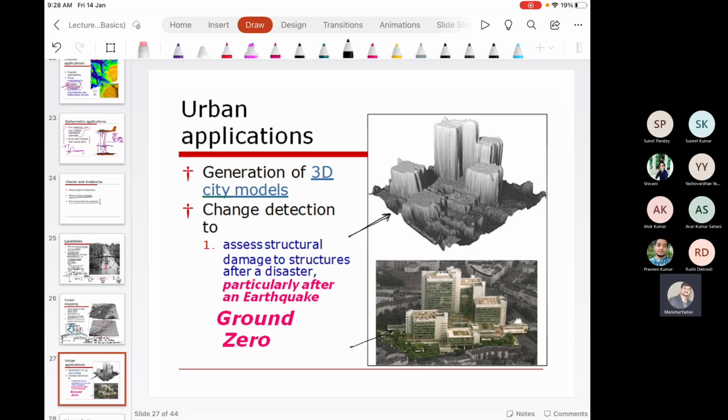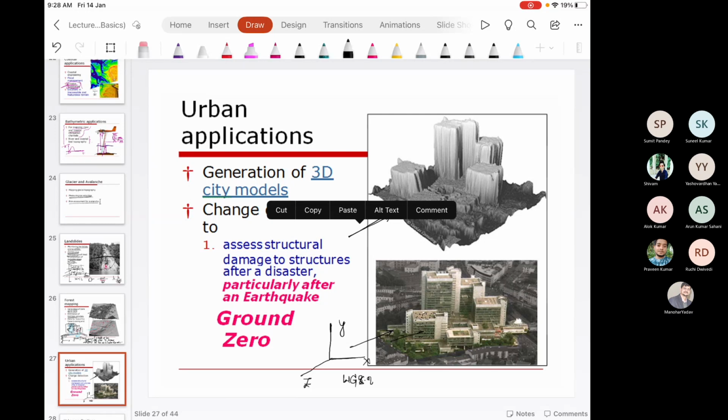Using that coordinate information, which is calculated in a fixed coordinate system, and we are considering WGS84, you can generate surfaces and a 3D model using this point cloud.